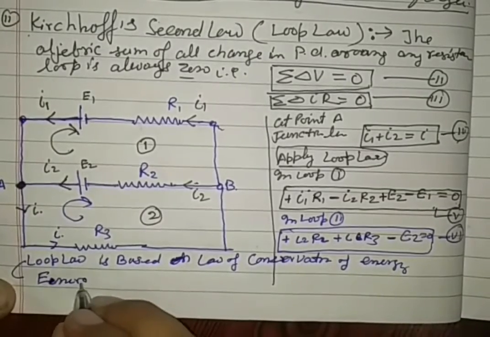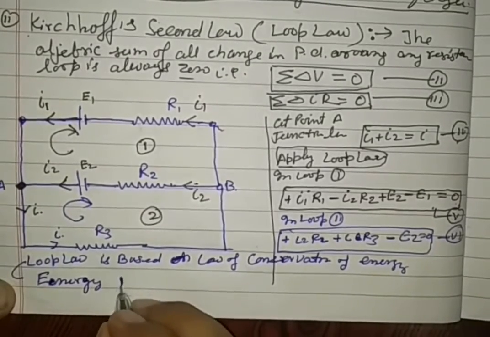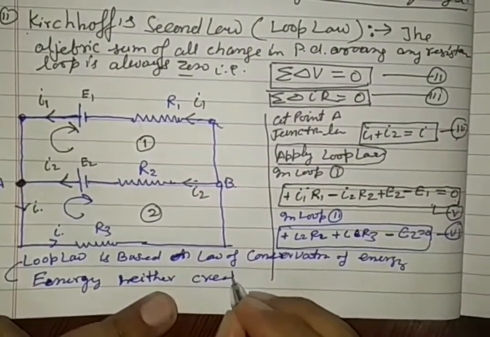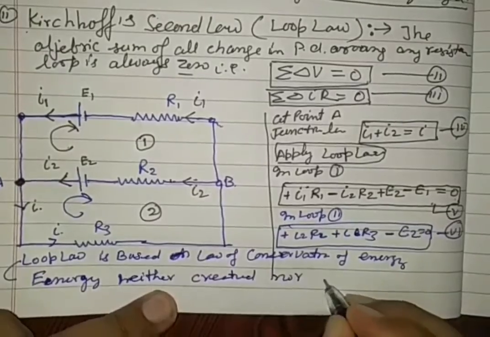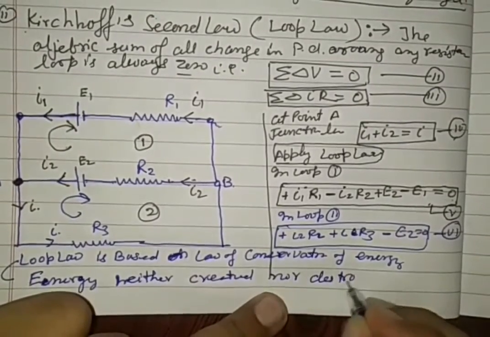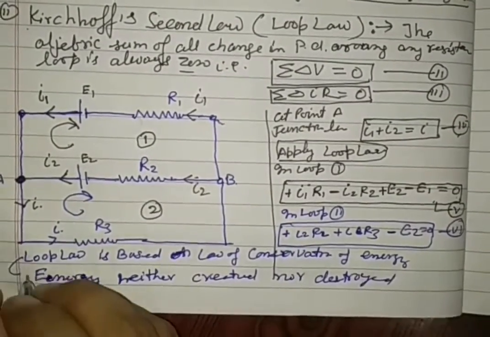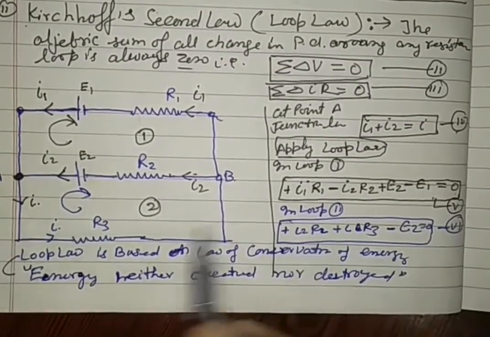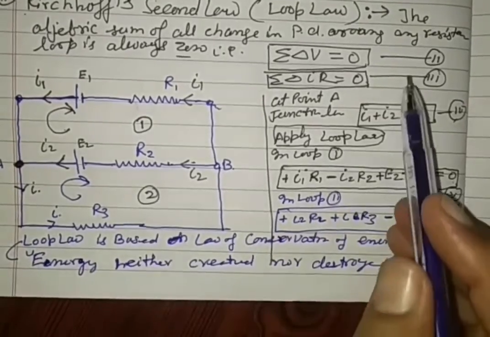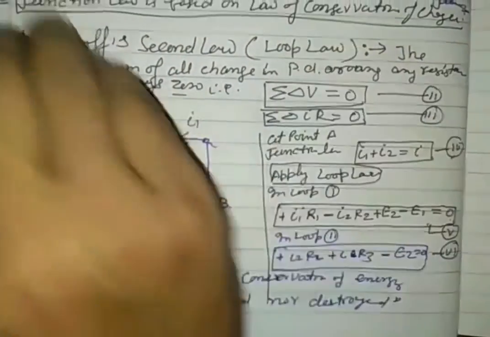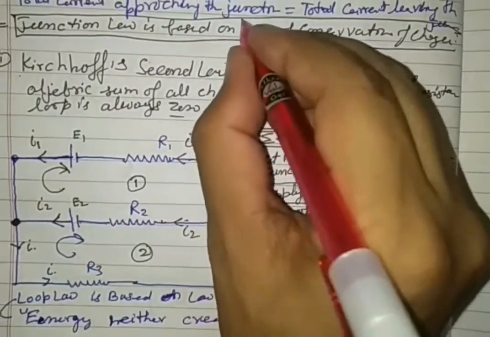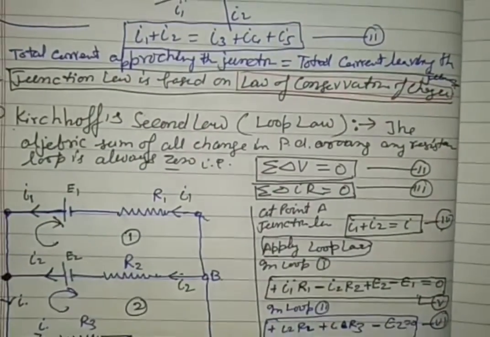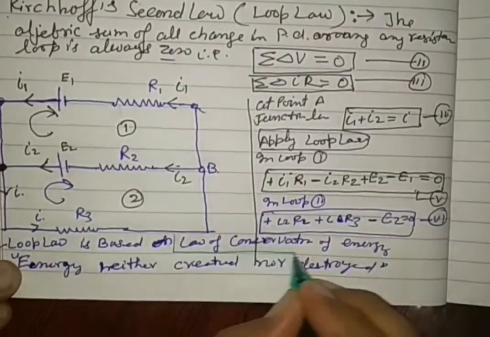Energy is neither created nor destroyed. See, the fundamental concept of the law of conservation of energy is followed here in the loop law. So in the junction law, the law of conservation of charge is followed, whereas in the second law, the law of conservation of energy holds.